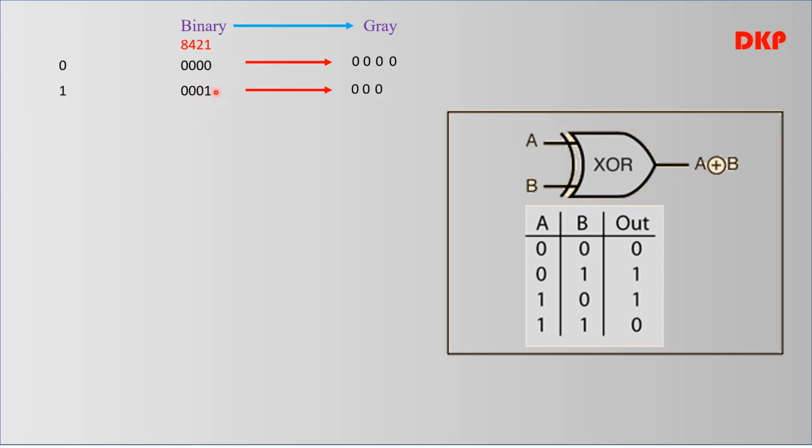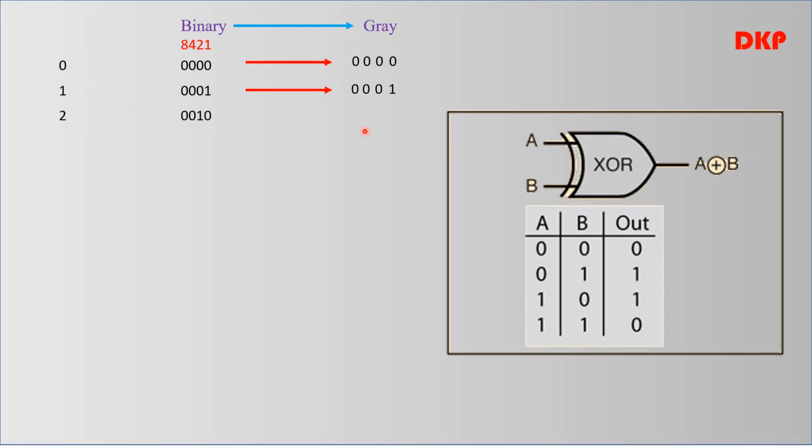Third bit with fourth bit, 0 XOR 1 is 1. So this is the gray code of the binary 0001. So you can see here the gray code and the binary are both the same for 0 and 1.